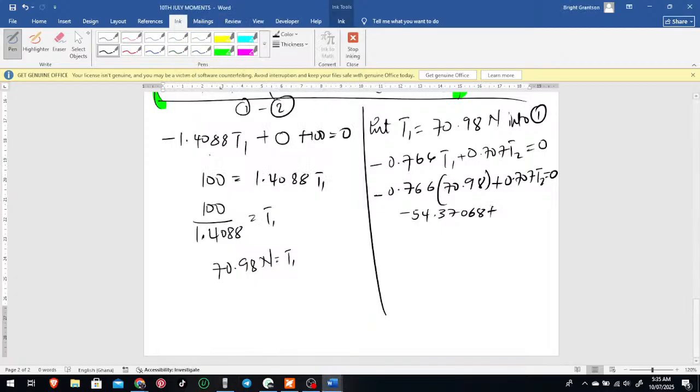Let's move it across the equal sign. Then you'll be positive. Equals everything over 0.707 T2. I hope you understand. You move the answer to the other side, then divide both sides by 0.707.